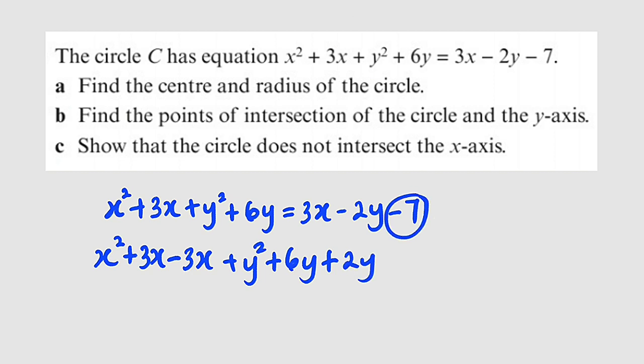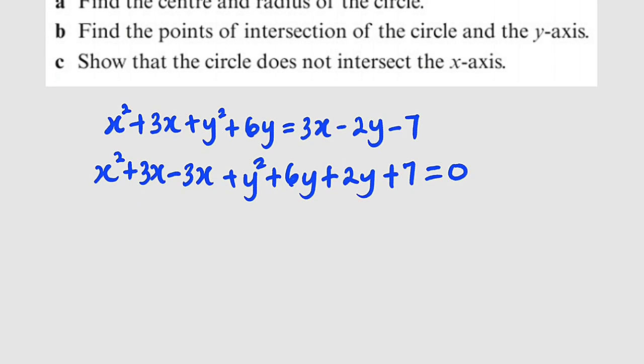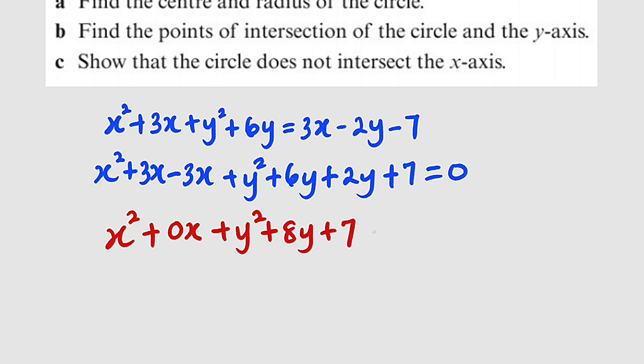If this crosses over, it becomes positive as well. And the whole of this equals 0. Now let us simplify this. We have x squared plus 0x for a reason, plus y squared plus 8y, then plus 7, the whole of this equal to 0.